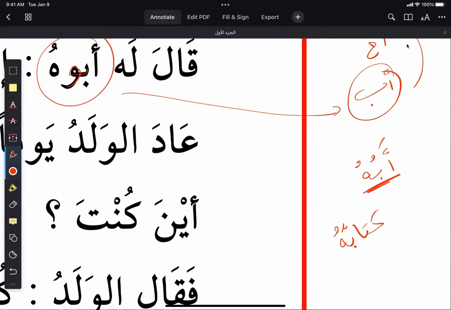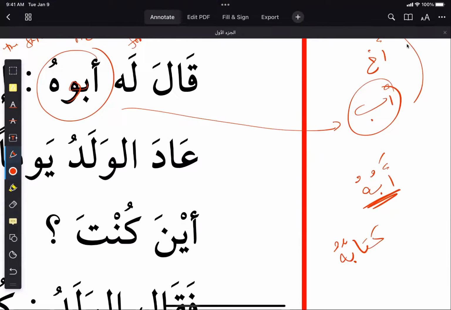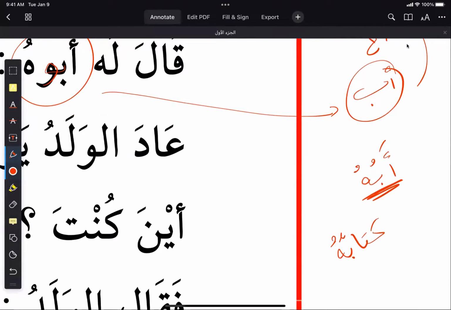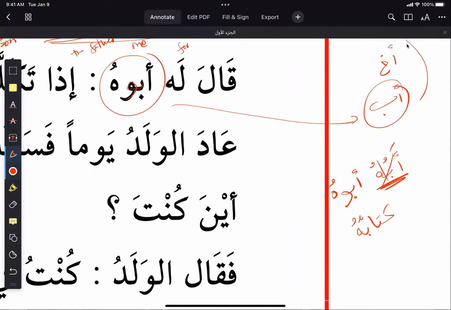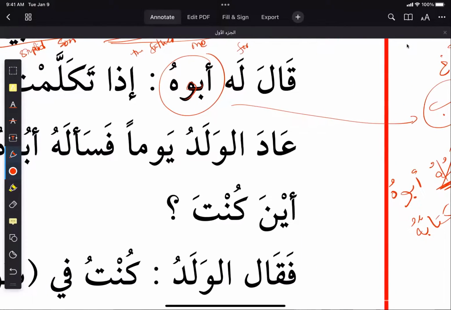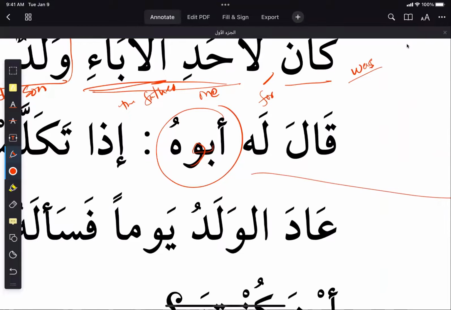In these special words, we cannot just simply add dhamma and then add a possessive pronoun or even a possessive noun. They take a special ruling. You have to add a waw. Abuhu. And there are some other changes when, instead of adding fatha, inshallah, if it comes, I will show you. For now, just make sure this is the same word, ab, father.